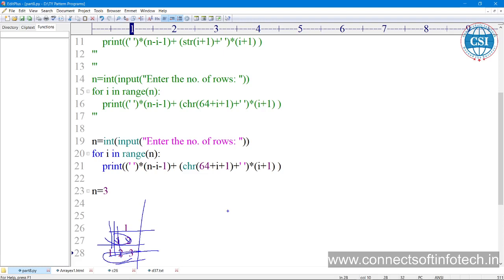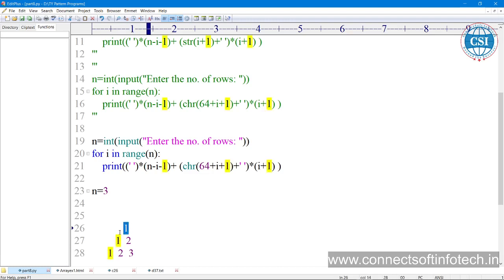That means we must go for two loops. We require two loops, that is very important: i and j. This is for i, and this is for j.